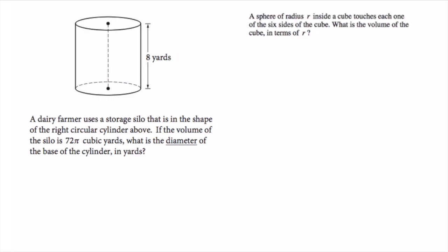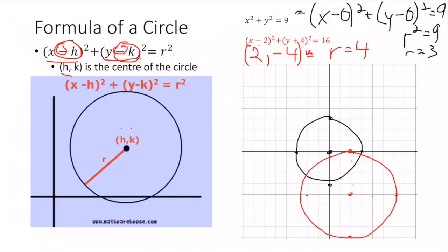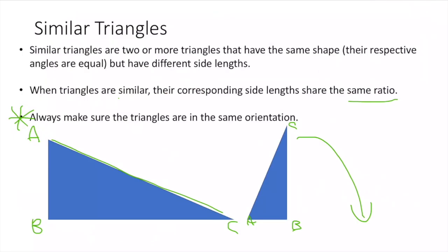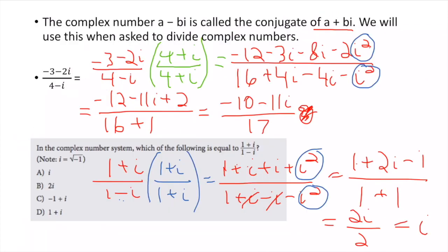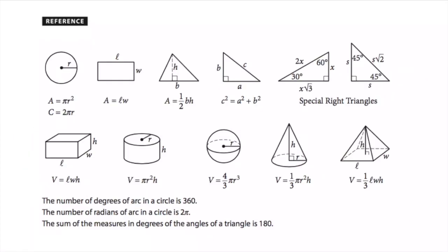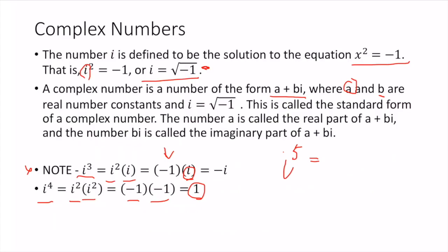Again, if we scroll all the way back to the very start, they give us all of these equations that we need. The one we need in this case is the volume, pi r squared times h.